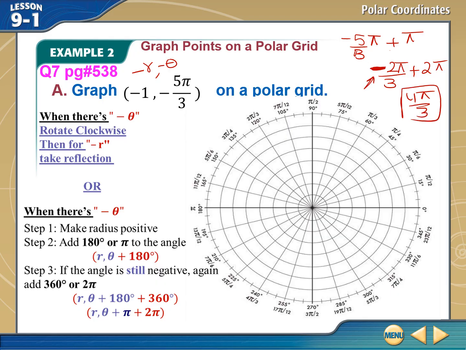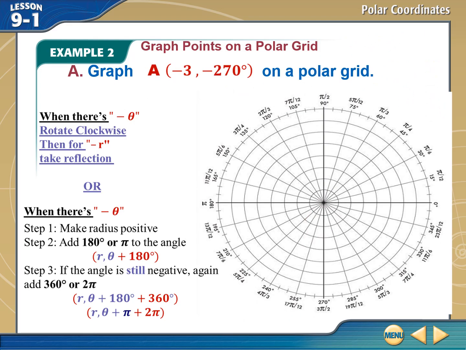So where is my 4 pi by 3? Let's try to find out where it is. It's here on the first circle. So this point collectively is -1 and -5 pi by 3, -270 degrees.